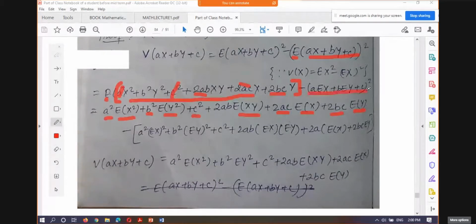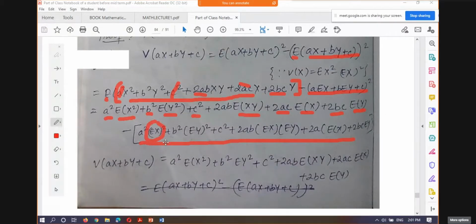Then we have to expand this one also. So to get this one, we write this here. Because here, first we have to open this square, a expectation of whole square. This writing practice you should take care of.